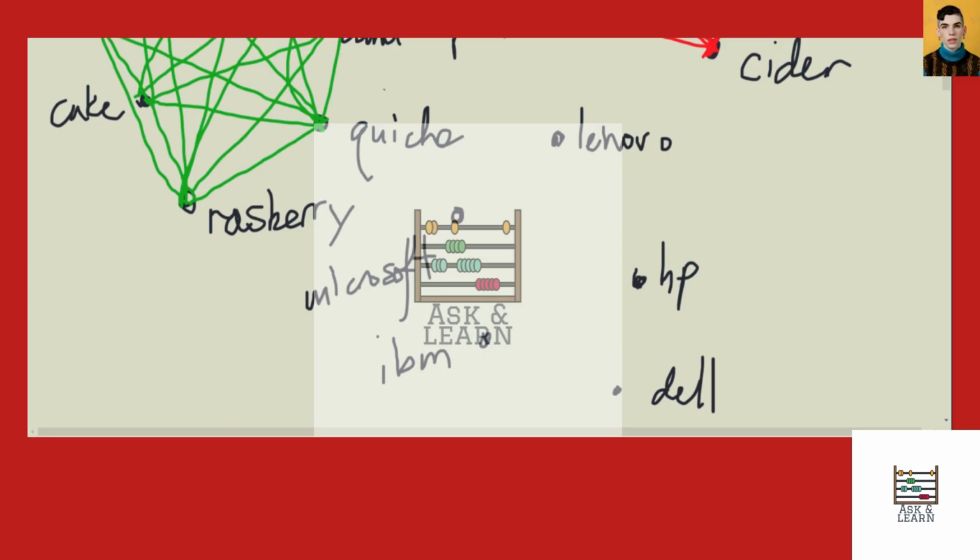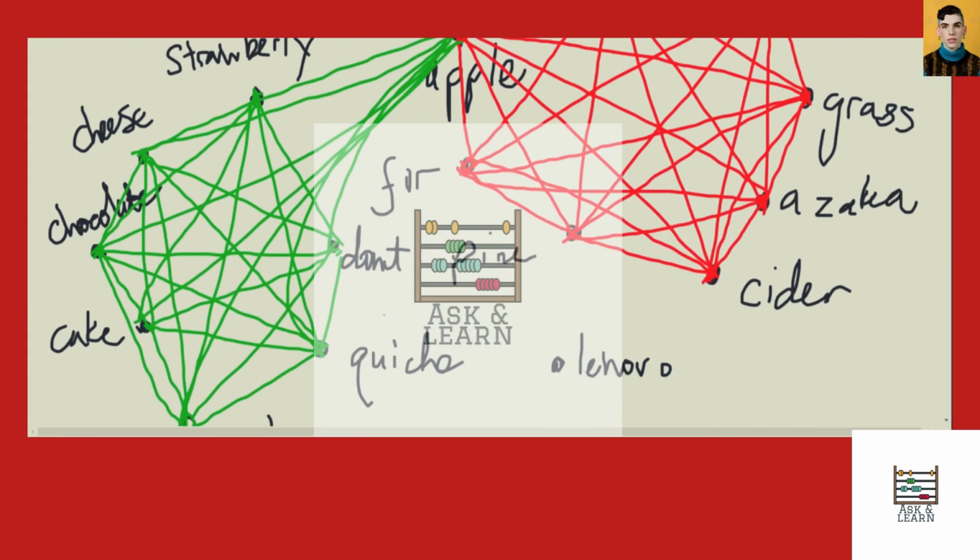And because these are all computer companies, they're all related, so they all have edges between them. And again, just for clarity, I'll draw these edges in blue, but in the actual graph, the edges would be black, or I guess all the edges in this graph would be red, because we're not distinguishing between different kinds of edges.